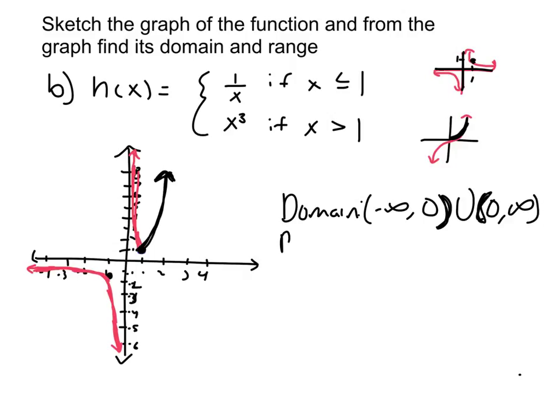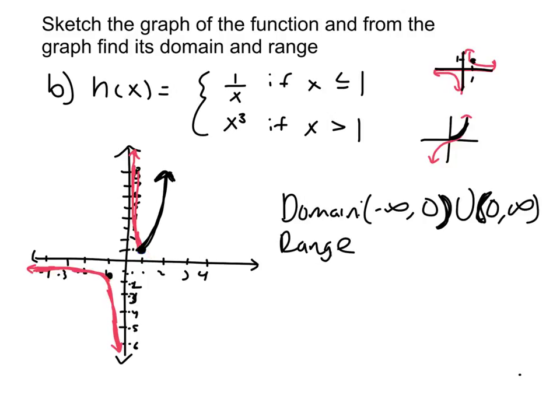Okay? And then the range. The range is the different values of y. So let's look at the graph. I'm looking for what values of y aren't here. From positive infinity, all the different values of y are here. From negative infinity, all the different values of y. But then there's this jump here.